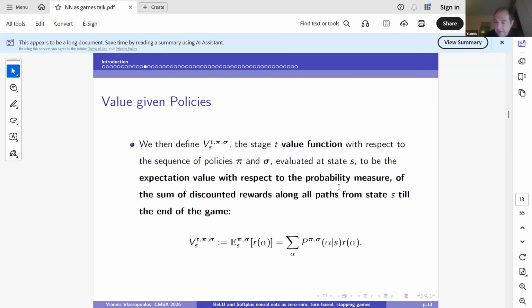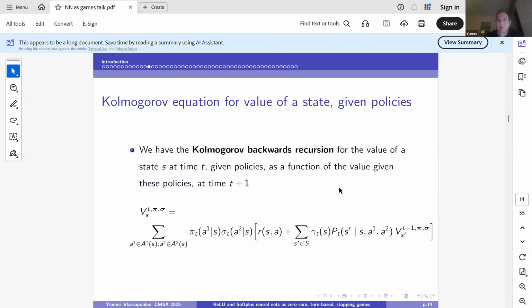Now, the nonlinearity comes because, actually, there's one more thing to say about this. The fundamental equation underlying this is the Kolmogorov backward recursion, which just tells you that these expectation values are related to each other. Basically, if you are at one particular state, you can separate going one state forward and everything else.